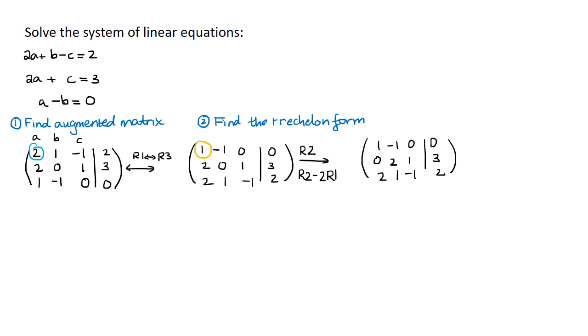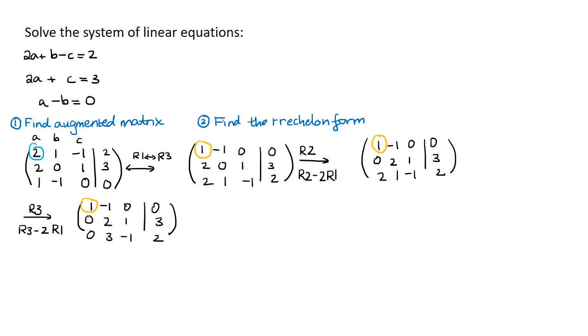Next we want to eliminate the 2 in the third row below our leading entry. So I'm going to replace row 3 with row 3 minus 2 times row 1. Now, below my leading entry, I have all zeros. So I'm done with row 1.